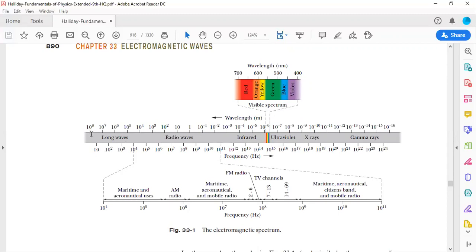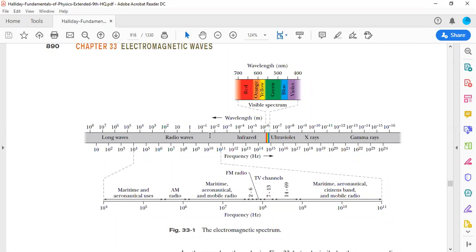On the left side of the screen, long waves, how long? 10 to the power 8 meter wavelength of the electromagnetic wave. And then in the range of radio waves, about 10 to the power 2 to almost 1 meter wavelength.